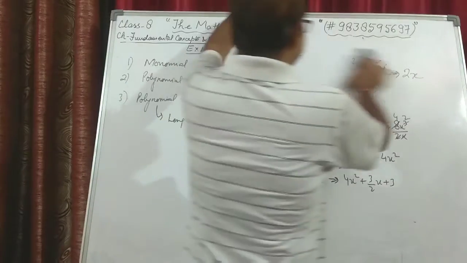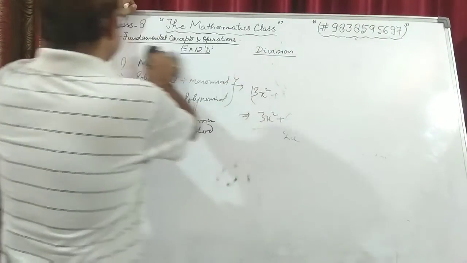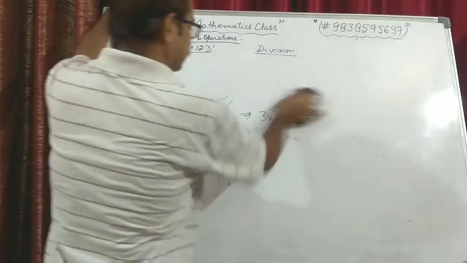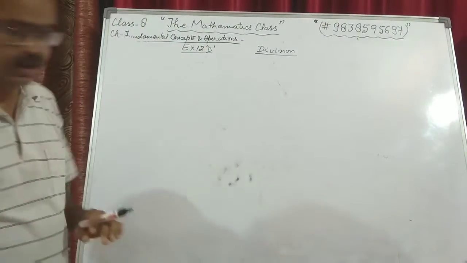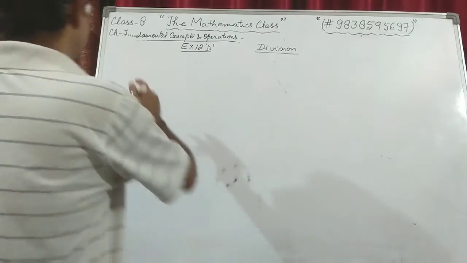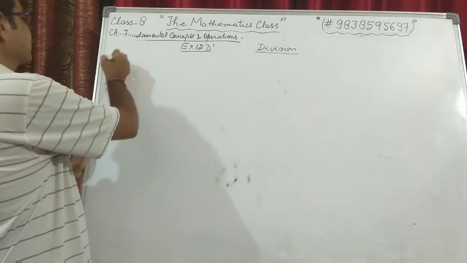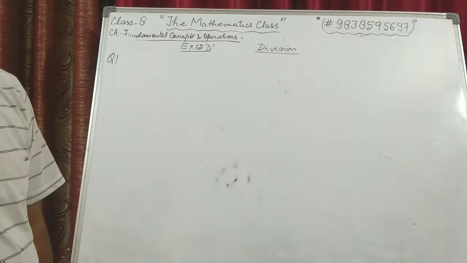We move on to the first question, and I think the first question has 2-3 parts. Exercise 12D we are talking, question number 1, and there are 3 parts.